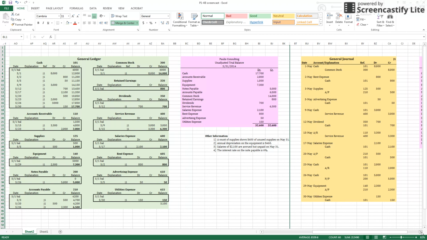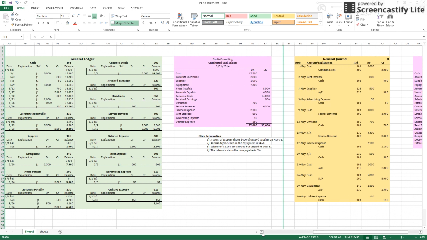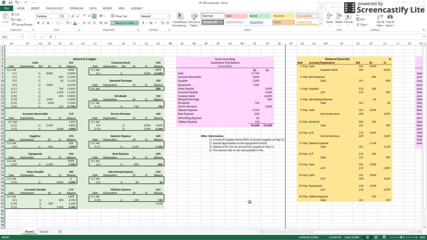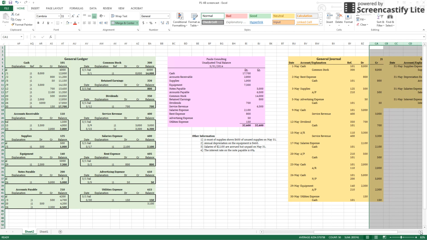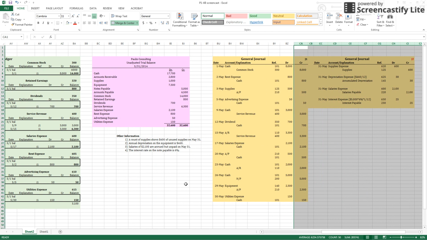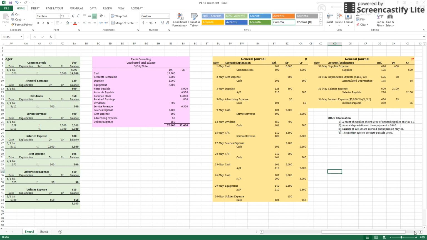So what we do with this information is we create more journal entries. Anytime we have transactions that we can journalize, that is what we do. So I have already created those journal entries, and I'm going to move this information over here just to make it easy for us.